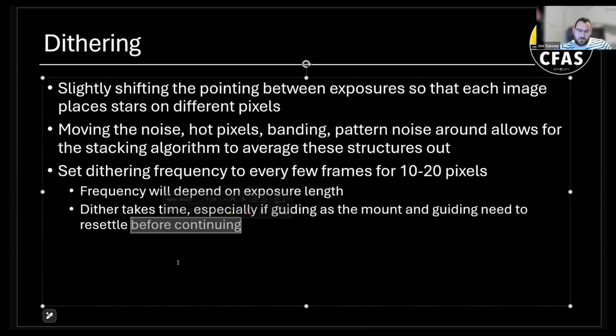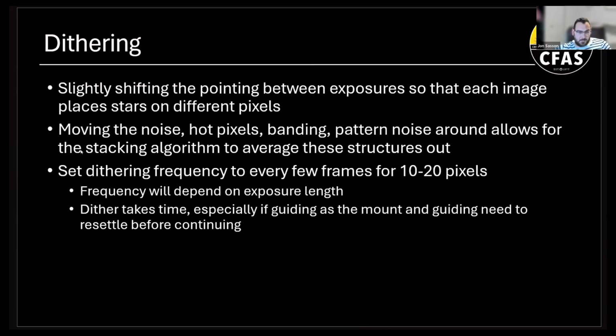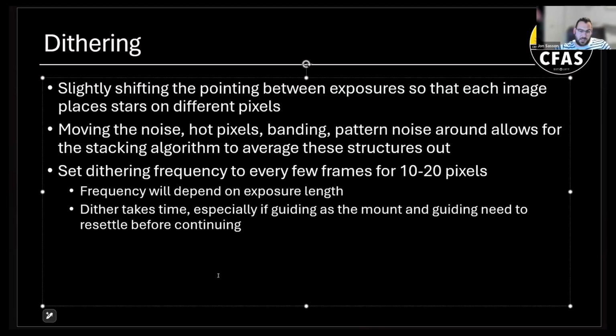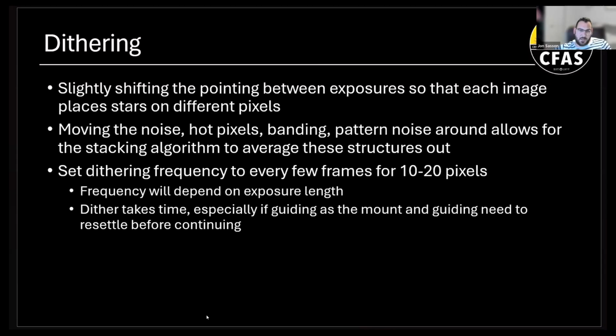All that adds up, so the more you dither, the more time you're losing. I typically do 3-minute exposures, and I set it to dither every 3 frames. But for shorter exposures, I might want to dither at a higher frequency to really cut out the bands and the walking noise.